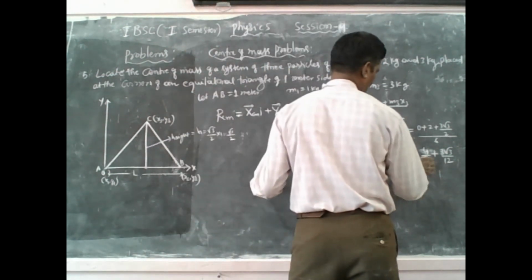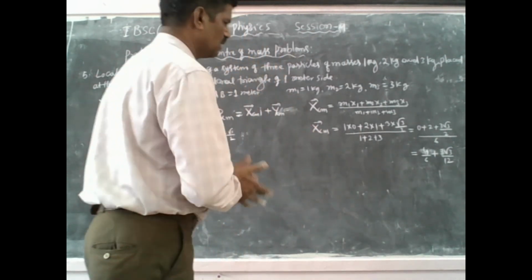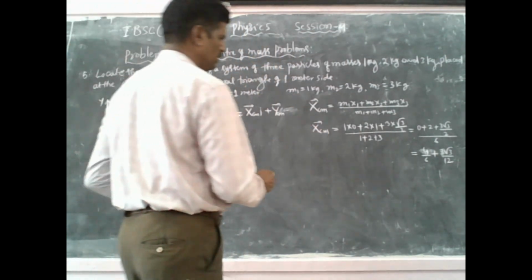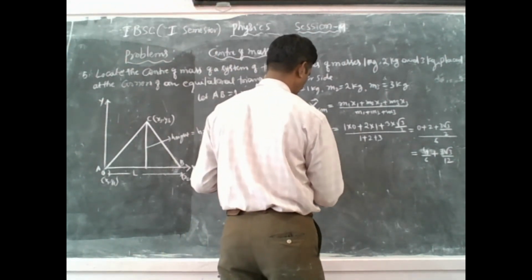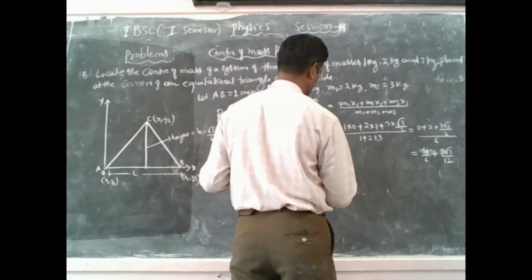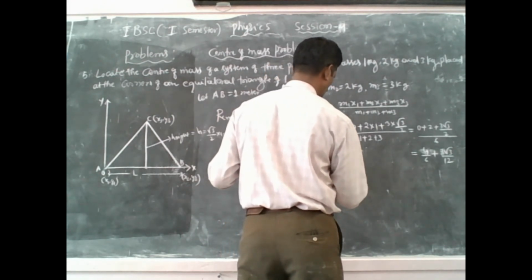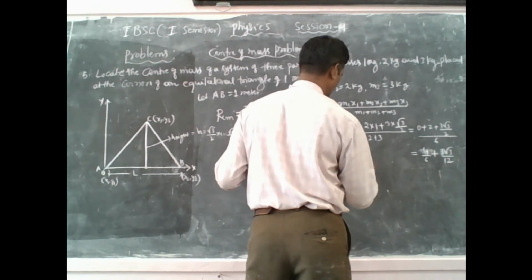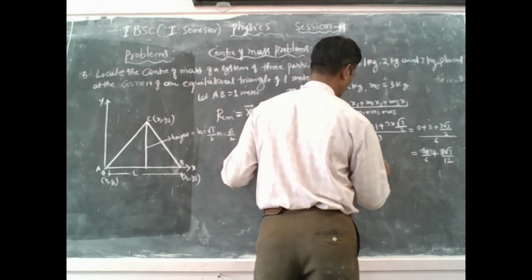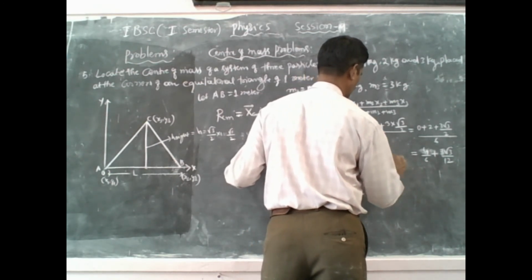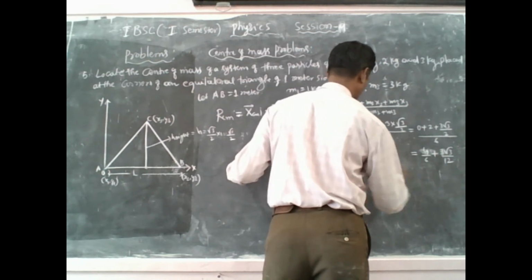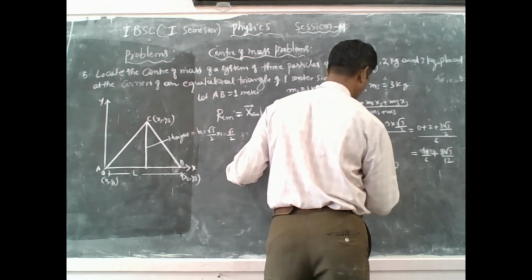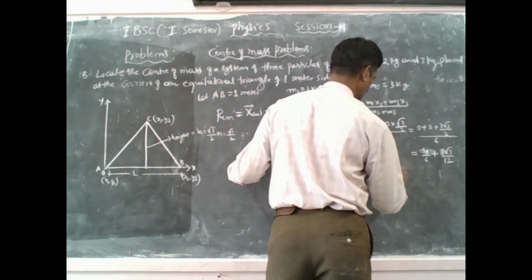So this is for the x position and the y position is YCM equals M1 Y1 plus M2 Y2 plus M3 Y3 divided by M1 plus M2 plus M3.